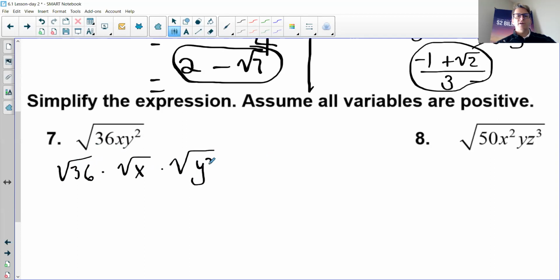Okay, so if we broke it out like that, using our key point from yesterday, as you get comfortable with simplifying square roots, you'll just go right to this. You see the 36, 6, and you also see that you have your 2 y's here. So it'd be y on the outside, and on the inside you'd have your x.